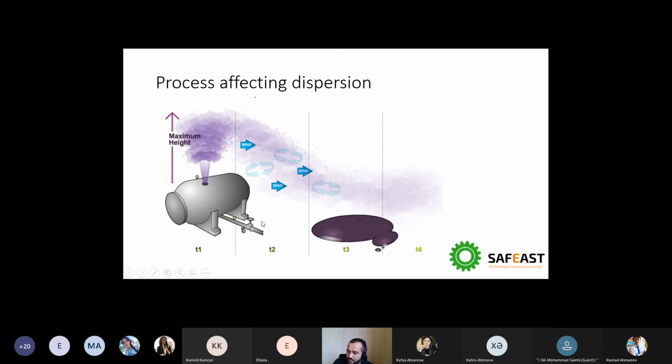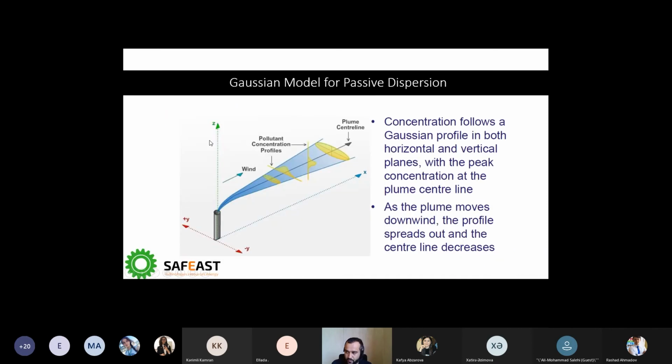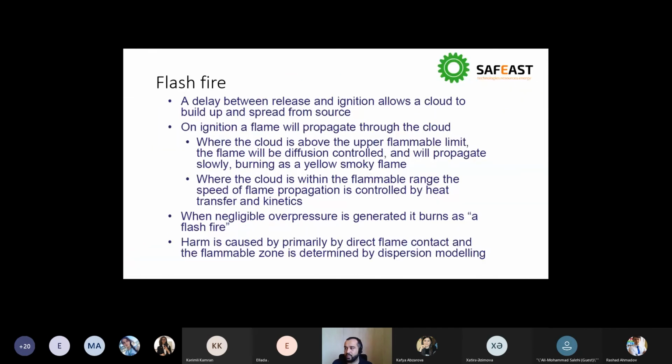If there is no congestion or confinement here, it will just burn back like a poof. So it will be fire from the ignition source back to the release source. It will be just a flash fire. Flash fire is a delay between release and ignition, which allowed the cloud to build up.